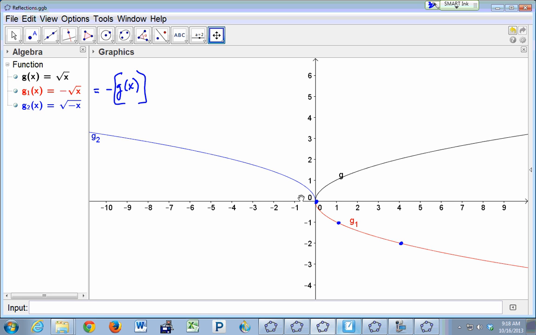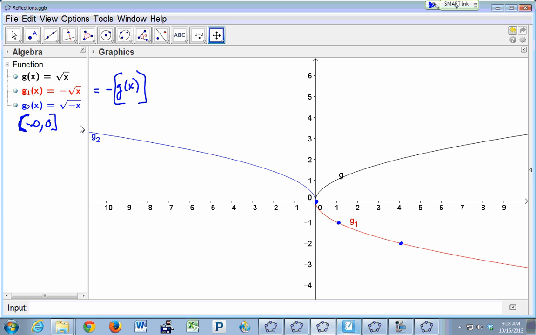Okay, so I had to change my domain. So this would be for the domain negative infinity to 0. So if x is on that domain, if I put an x from here and I plug it in there, I'm all set. I can do it. So you just have to define the domain.